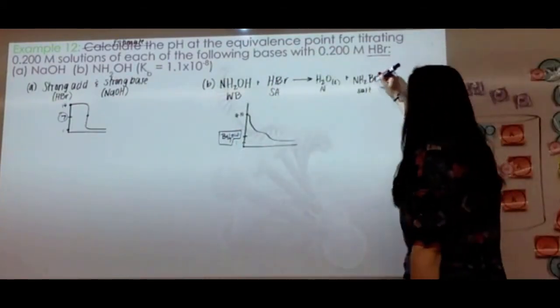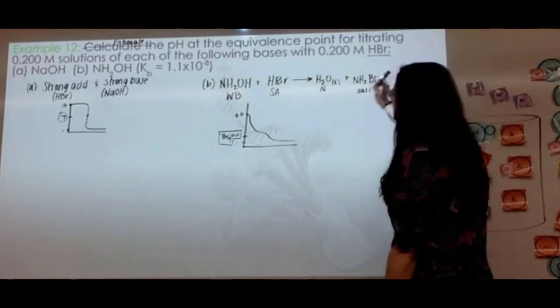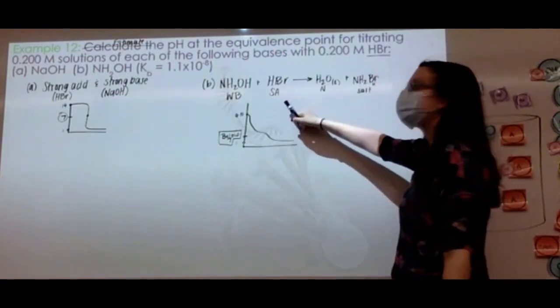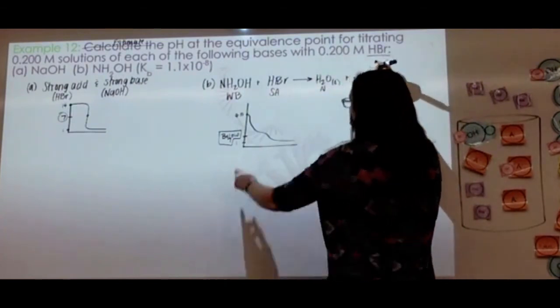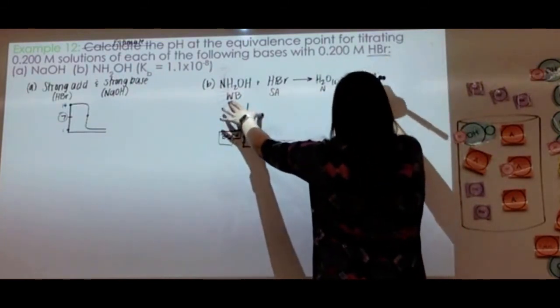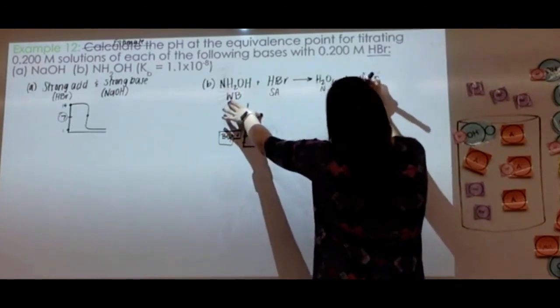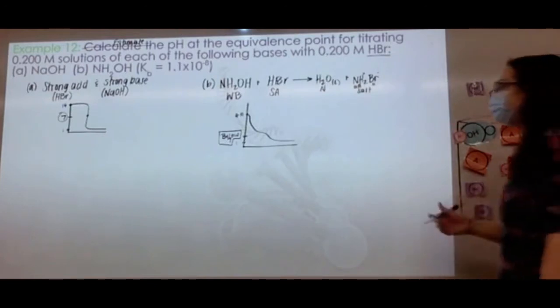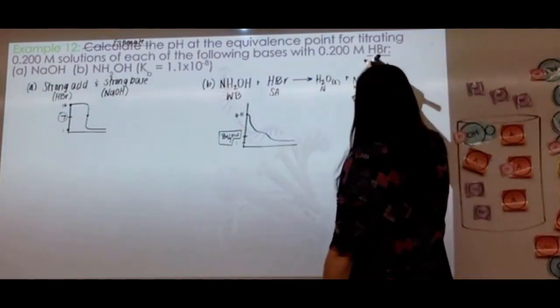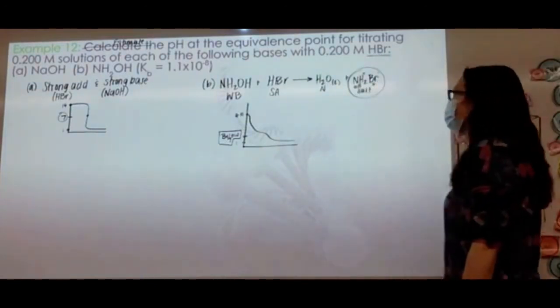Now we know that Br minus is neutral because it comes from a strong acid, which means that NH2 plus, which comes from a weak base, is a weak acid. So in this neutralization reaction, the salt is actually acidic.